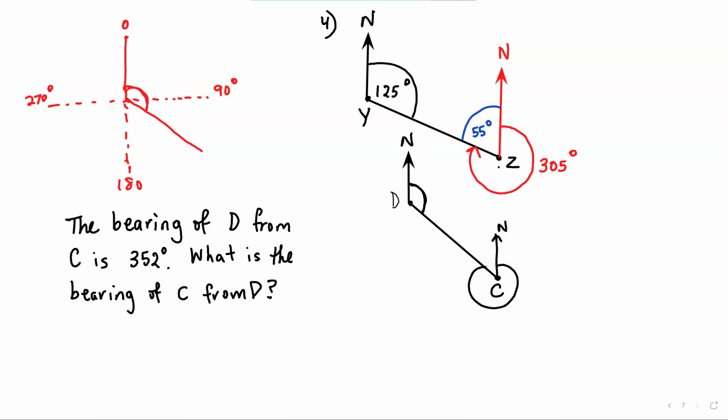This angle on the outside was your angle of 352 degrees. So this angle here is 8 degrees, because 352 plus 8 gives you 360. And then this angle here will be 180 take away 8, which is 172. And that's your answer.